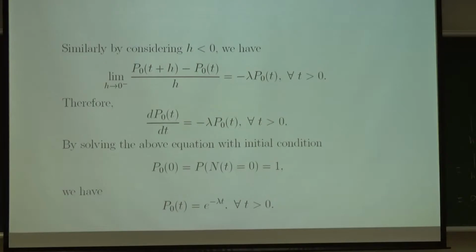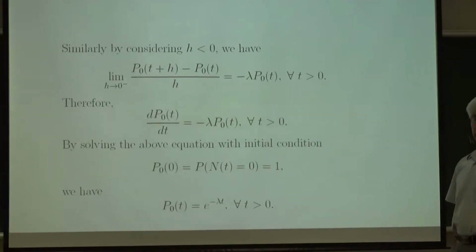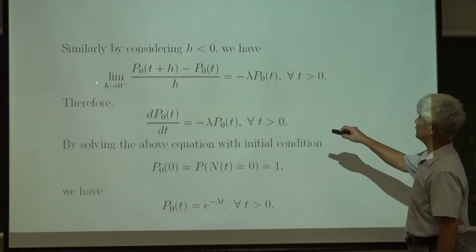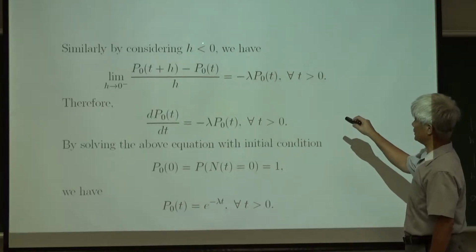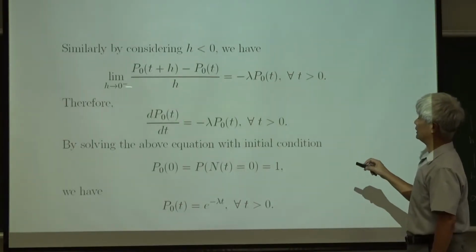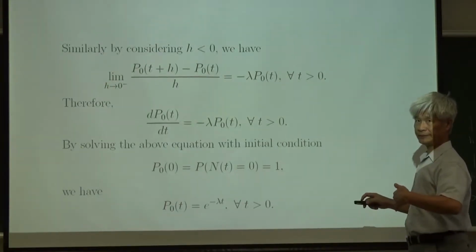Now we have to check whether the left-sided derivative exists or not. We'll consider h less than 0, so we approach 0 from the other side.